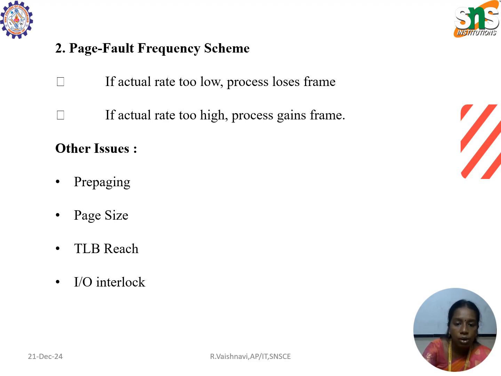If it is too high, it can gain frames. The other issues in the page fault frequency scheme will be pre-paging, then second one is page size, third one is TLB reach, and then input output interlock.